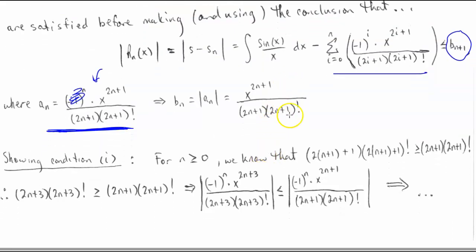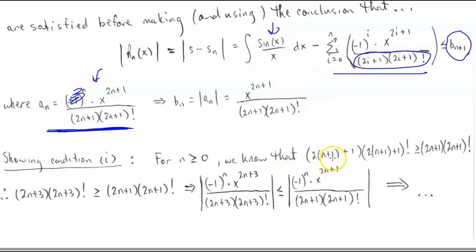So here for n being greater than 0, one fact that we know here is that if we were to do 2 times n plus 1 times 2 times n plus 1 factorial, and I'm essentially getting that from what we have here as far as how the antiderivative of sine of x over x looks in power series form.